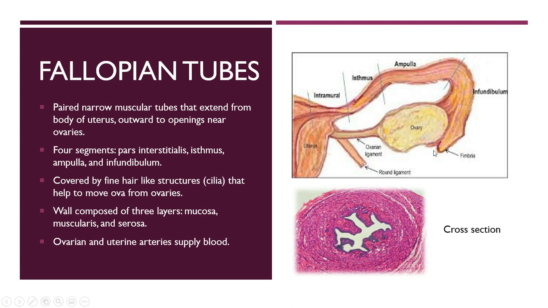It's just marvelous. These fimbriae are like little fingers there, and their job is to sweep that egg, the ovum that comes out of the ovary, up into here where it's fertilized. And then there's a job of the cilia in here, the hair-like structures, that sweep it down into the uterus.